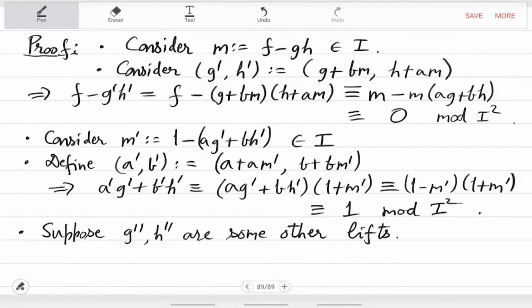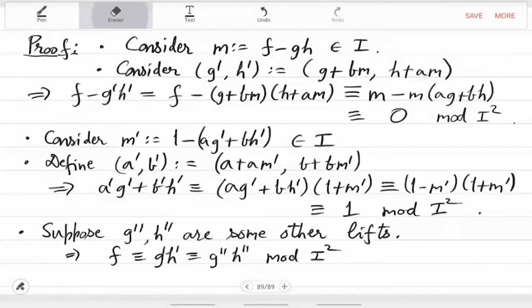Then what do you have? f is gh and also g double prime, h double prime, mod I. So mod I square, you have two factorizations, g prime, h prime as constructed before, and g double prime, h double prime, which somebody else gives you.